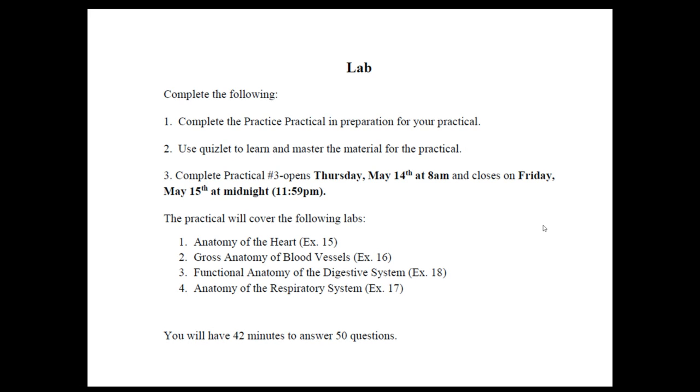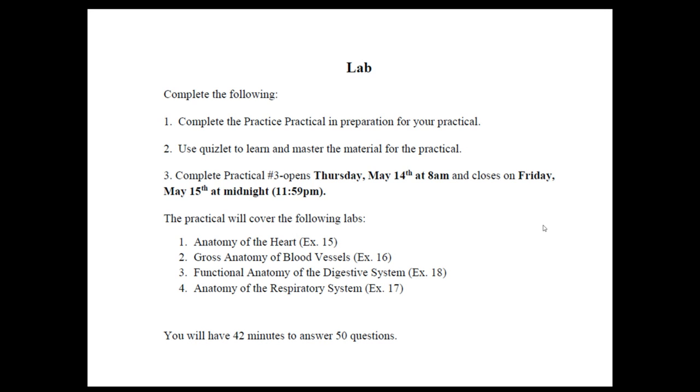For example, I was asking for chordae tendineae in one of the questions, and I pointed to the chordae tendineae of both the mitral and the tricuspid valve. And I said in the question, name the chords, or name the strings, I think. And a good number of students gave me the names of the valves.